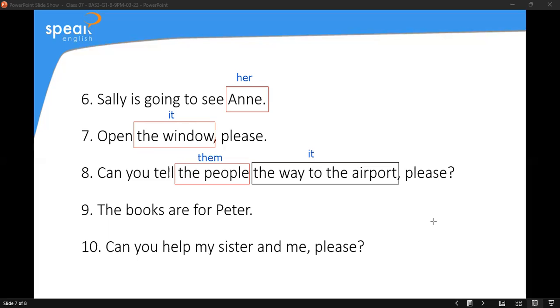Are you sure? In this case, the books is the subject because it is before the verb. The verb is are. So the books is the subject.